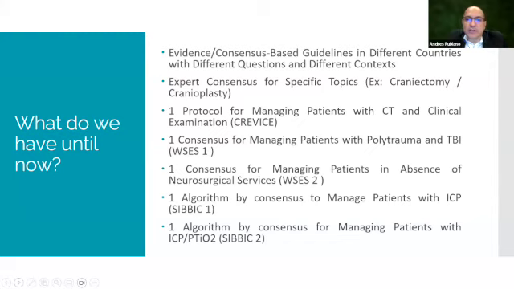We have a protocol for managing patients with CT and clinical examination, consensus for managing patients with polytrauma and TBI, and consensus for managing patients in absence of neurosurgical services. That was the second exercise of the World Society of Emergency Surgery. We have algorithms developed by consensus for managing patients with ICP, and also algorithms developed by consensus for managing patients with ICP and PtiO2.